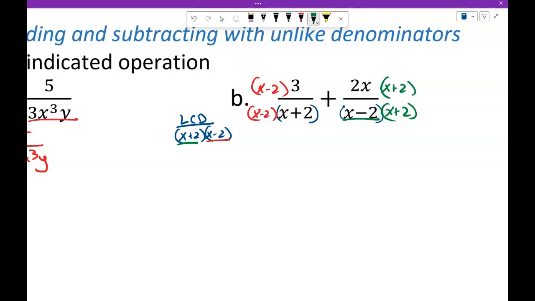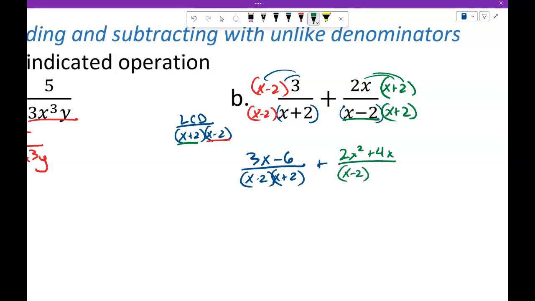Don't forget to apply your distributive property, so our equivalent first fraction becomes 3x minus 6 over the common denominator, and our second fraction becomes 2x squared plus 4x, again over the common denominator.